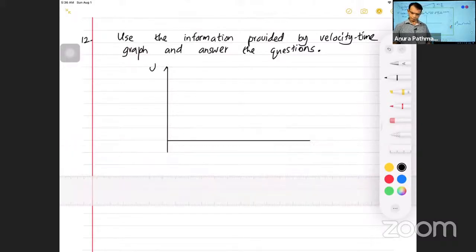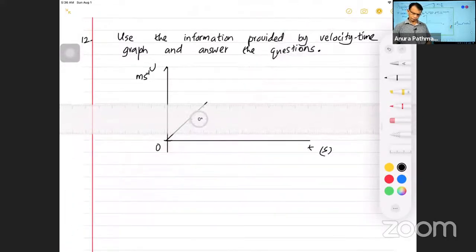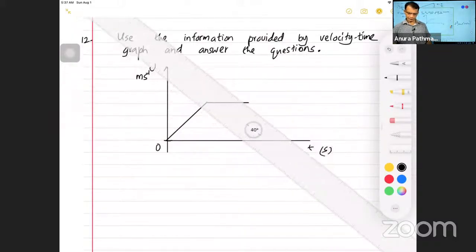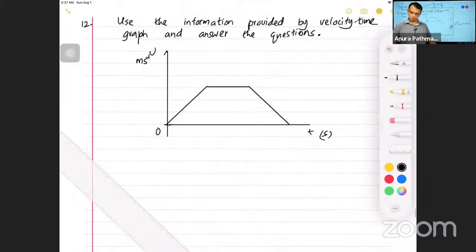Velocity in meters per second, time in seconds, 0. The graph goes there, goes this way, and comes back. This is 15 meters per second.